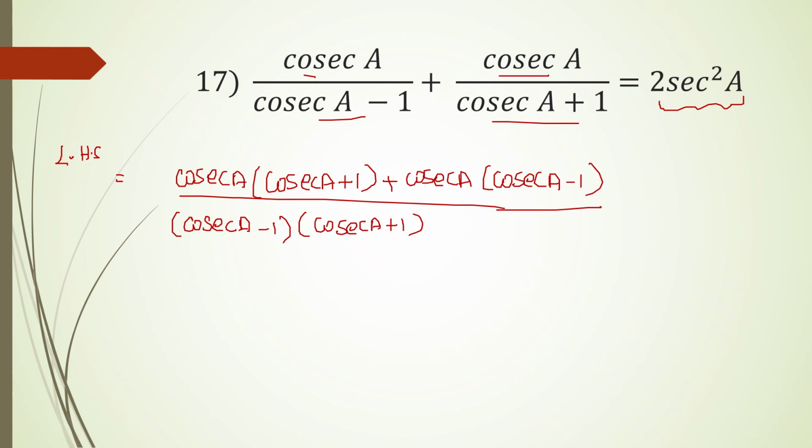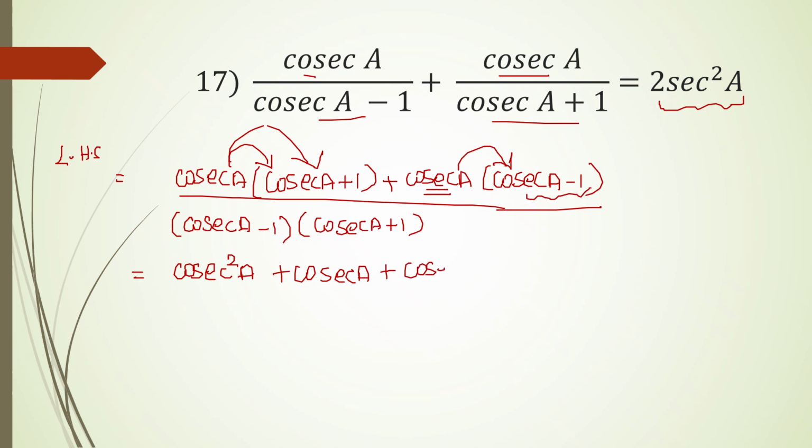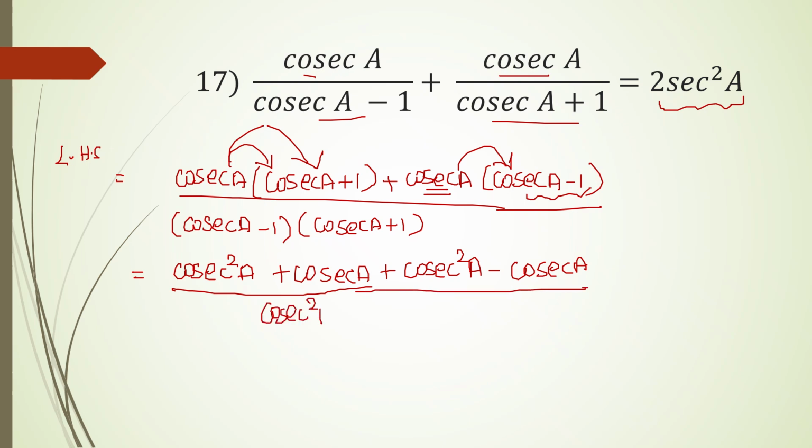So we can solve this further. We multiply this cosecant A with the inside terms, so it becomes cosecant square A plus cosecant A. Here also the same, we multiply the common cosecant A with the inside two terms, so it becomes plus cosecant square A minus cosecant A, divided by the denominator, which is again of the form A plus B, A minus B. So we can write it as cosecant square A minus 1 square, which is 1.